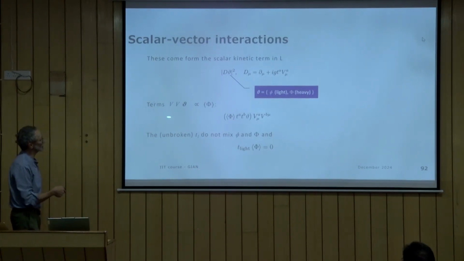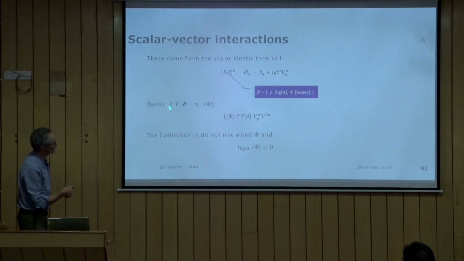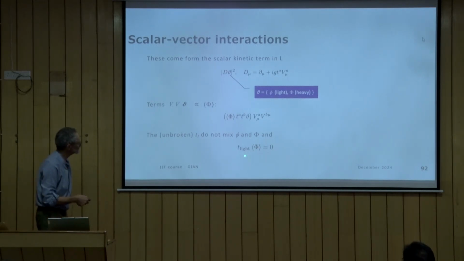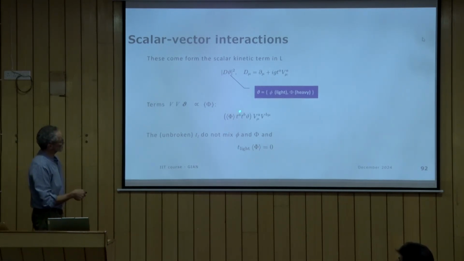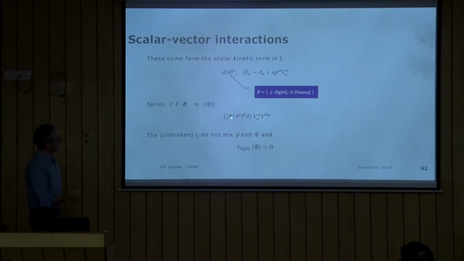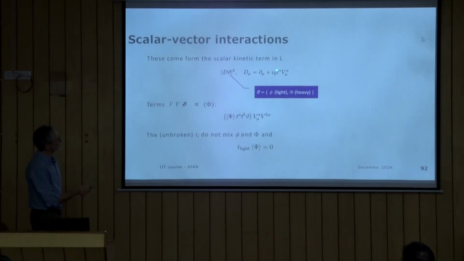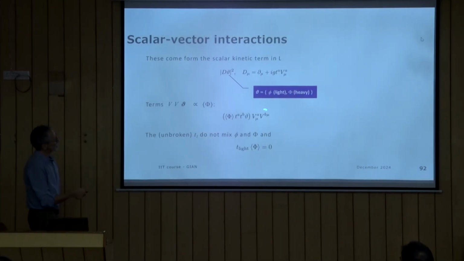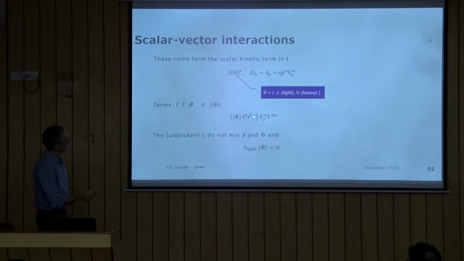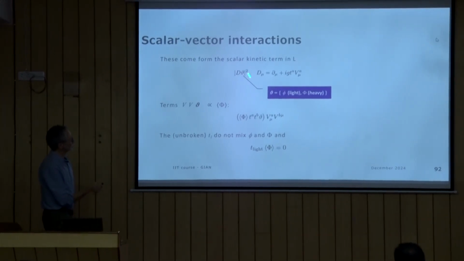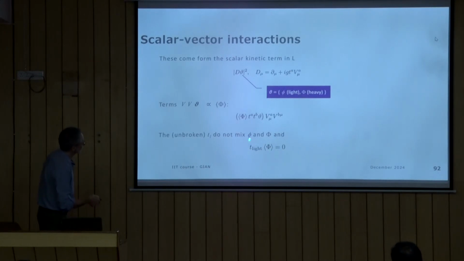I want to examine this vertex. It looks like this. I've actually expanded it. This is the VEV. It comes from one of these guys. And here are two generators. This comes from the covariant derivative, and there's the vectors associated with it. And then I have another scalar field here.